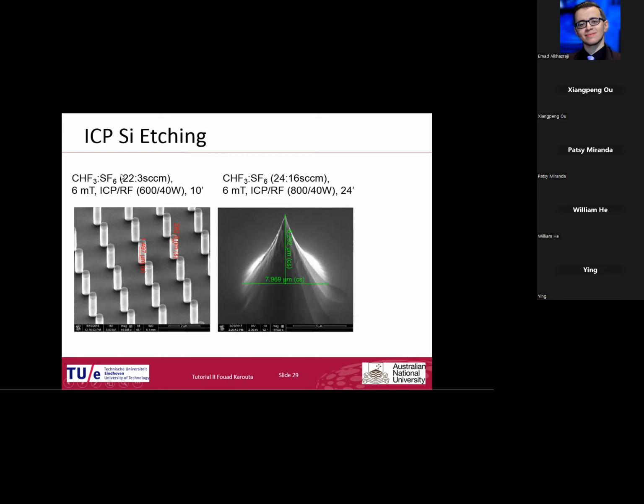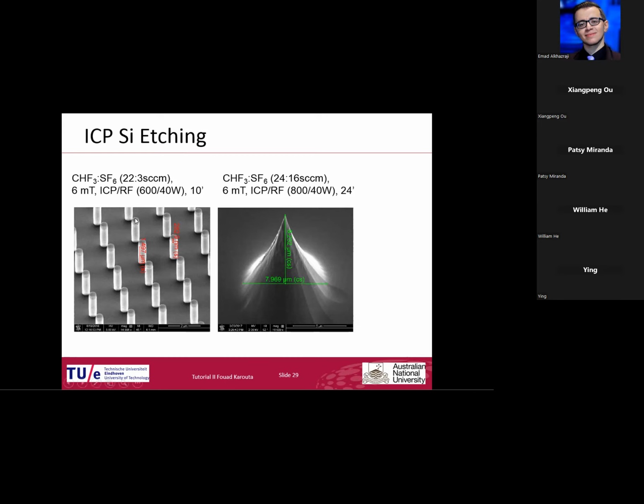Well, the point is, if you use only CHF3, your etch rate will be limited, and you are etching your mask at more or less the same speed. So that's why you add a little bit of SF6, in a way that you are not influencing the process too much. And don't forget, CHF3 will also form some polymer on the mask.